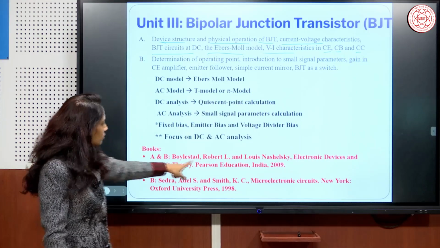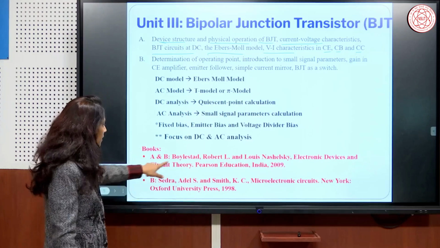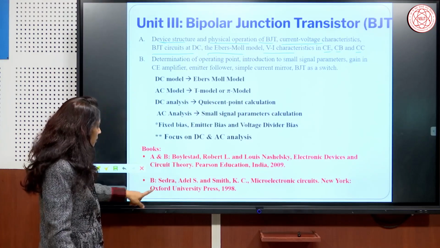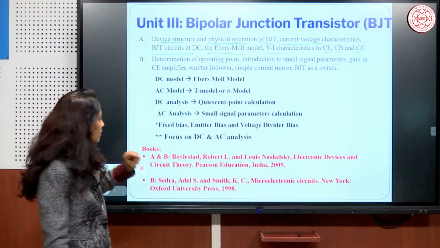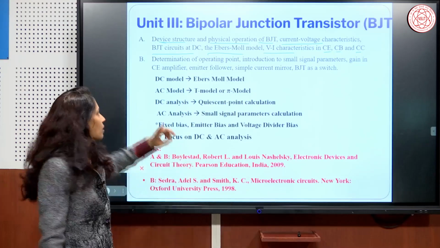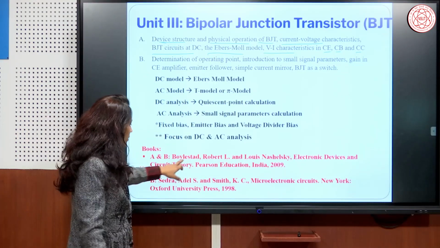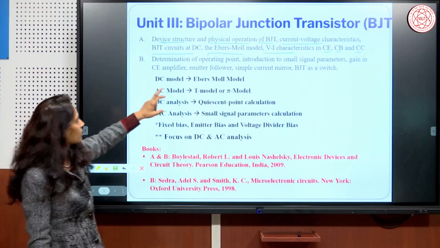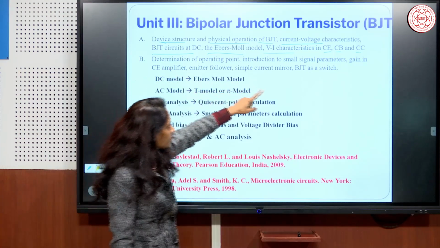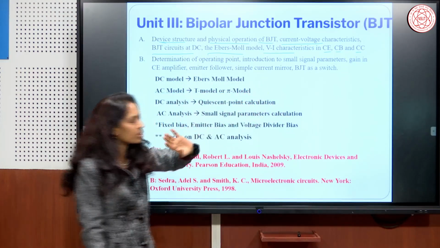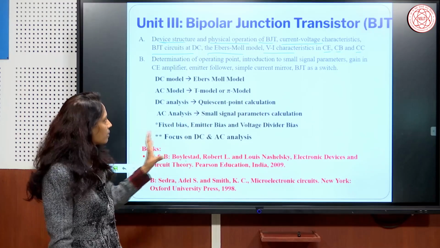Basically the A part you should take from Boylestad. That's why I have written A and B: A you can take from Boylestad, but the B part is given in more detail in your Sedra and Smith book. For the very first part you can refer to your Boylestad book, in which BJT circuits at DC, VI characteristics and current-voltage characteristics, everything is given in very much detail.